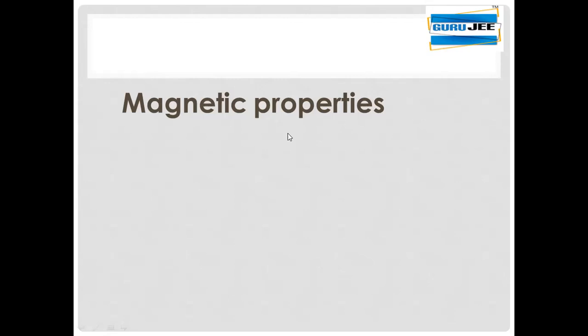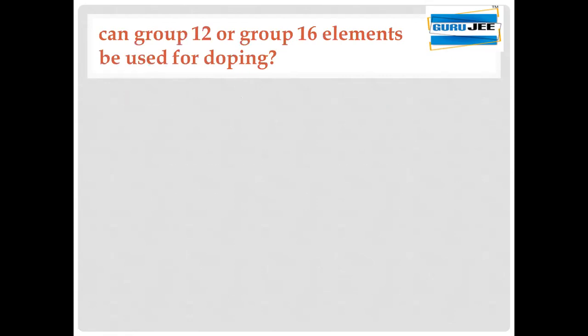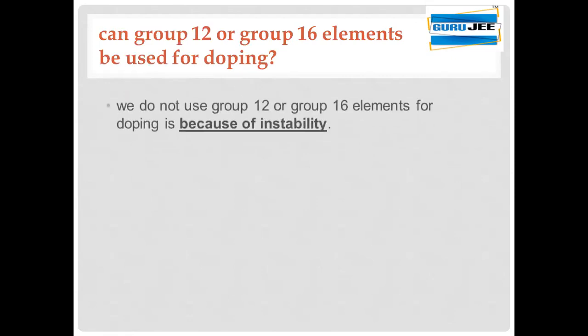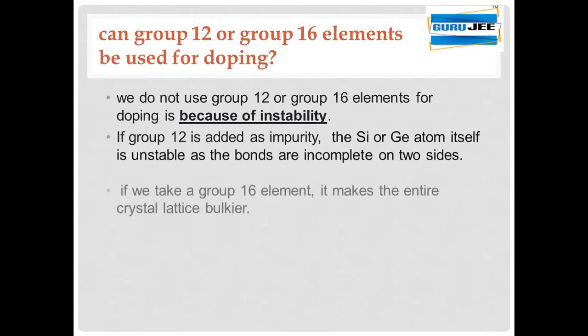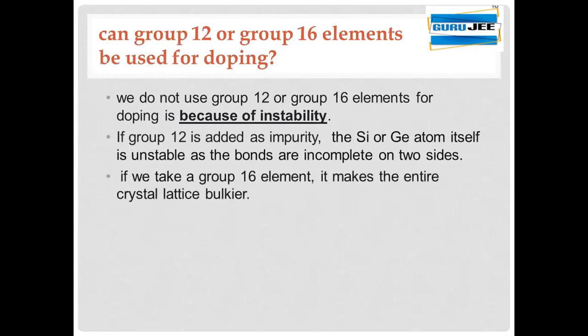I think I did not attend the last class, ma'am. Okay, but we already completed that portion, the different types of impurities present in the solid state. After discussing with the Guruji team, I will take the class again.